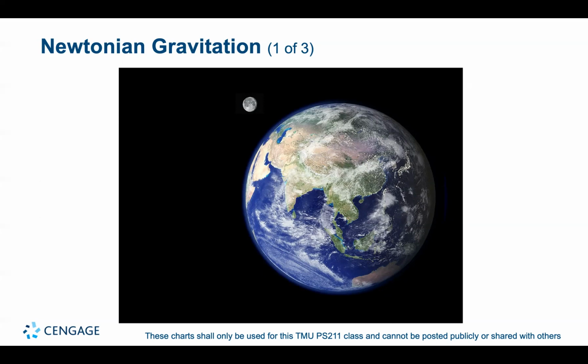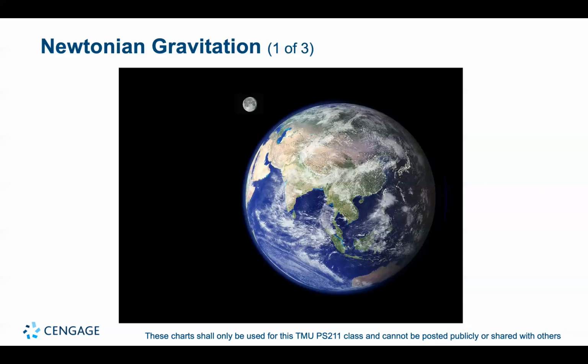He knew that a net force had to be acting on the moon. If not, the moon would move in a straight-line path rather than in its almost circular orbit around Earth. Newton reasoned that it was the same kind of force that attracted objects such as apples close to the surface of the Earth, and he called it the force of gravity.